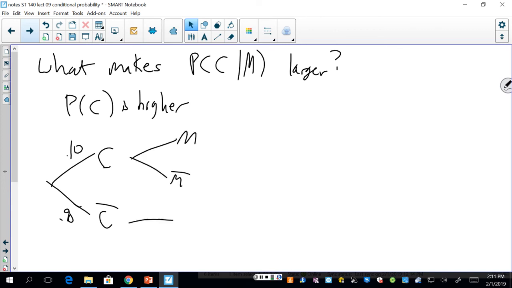Mammogram negative, mammogram positive, and this was 80% and 20%. This was 0.96 and 0.904. Then you get 0.08 up here, and that number is smaller, 0.8. This is 0.0864.